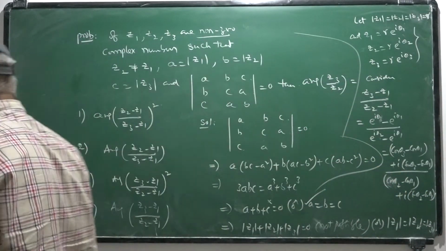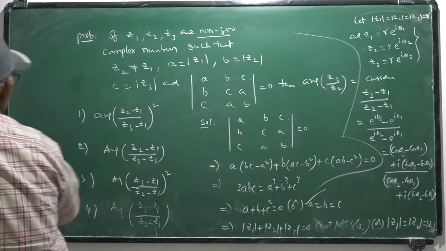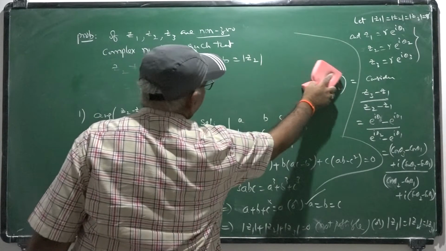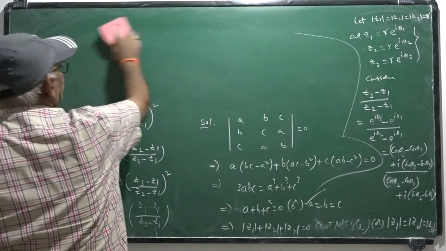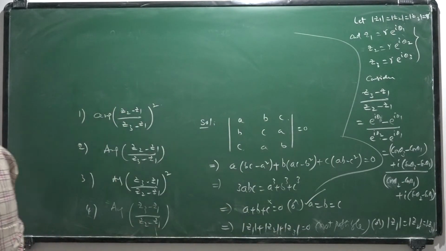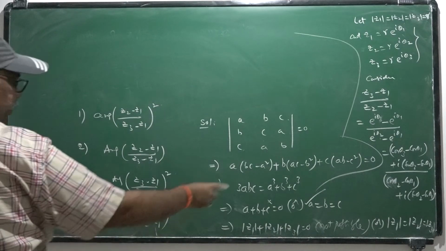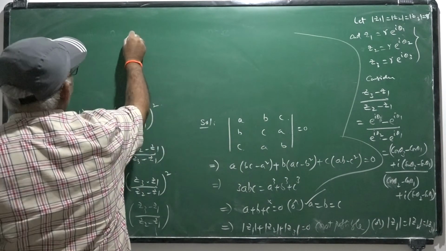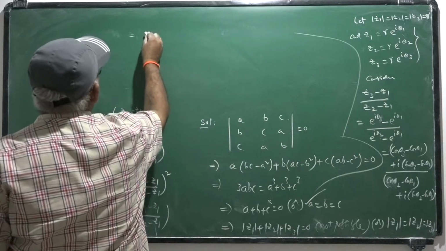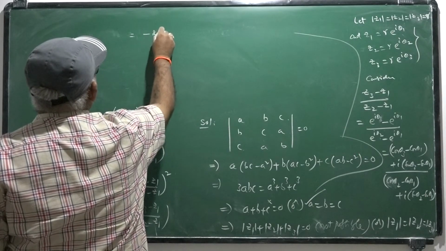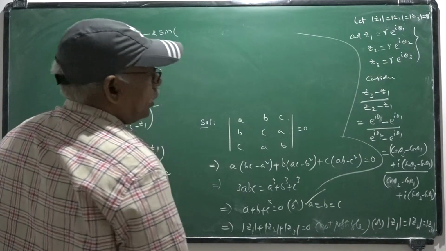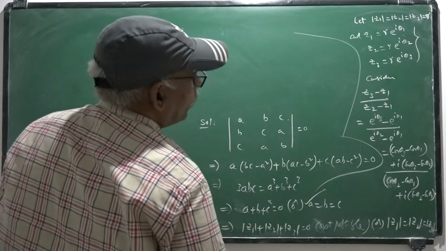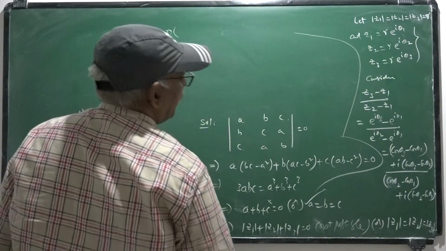Now apply the trigonometric transformation: cos c minus cos d is minus 2 sin of (c plus d) by 2 sin of (c minus d) by 2, and sin c minus sin d is 2 cos of (c plus d) by 2 sin of (c minus d) by 2.